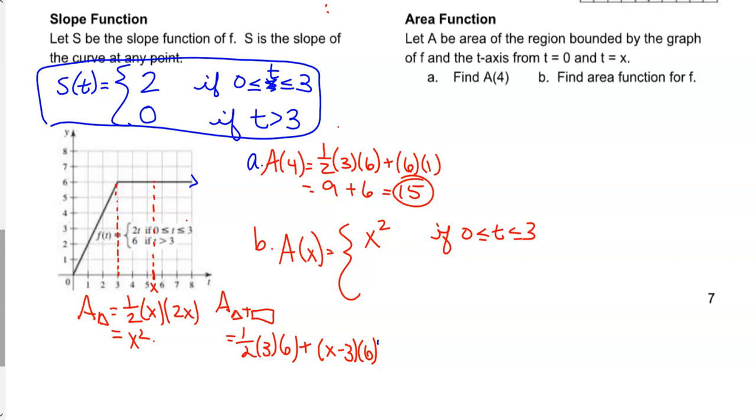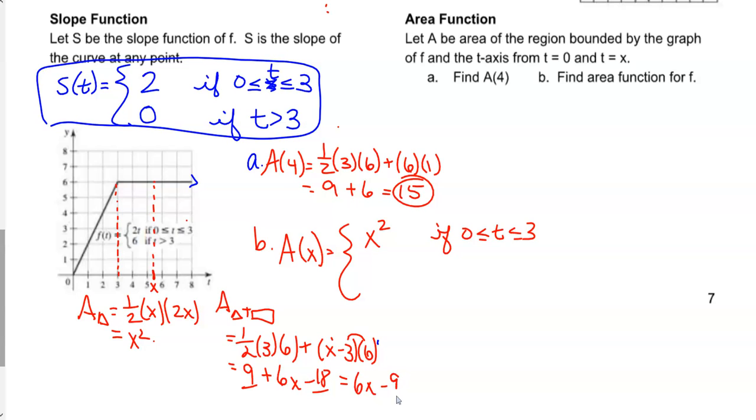So I'm going to add to that the width times the height, which is 6. So notice here we do have an expression that we can actually work out a little bit. We already found that to be 9. Plus, when I distribute this 6 through, I'm going to get a 6x minus 18. Therefore, we combine to get 6x minus 9.